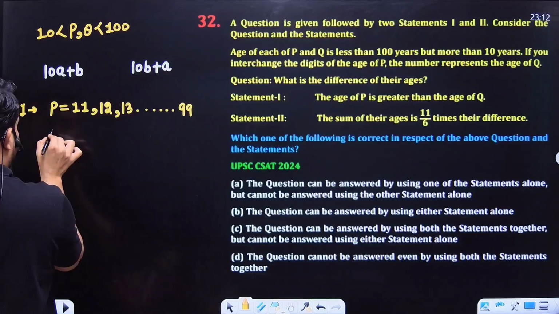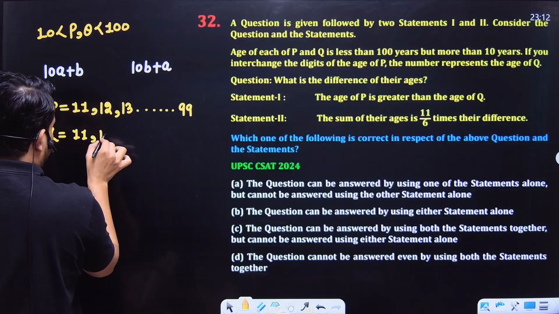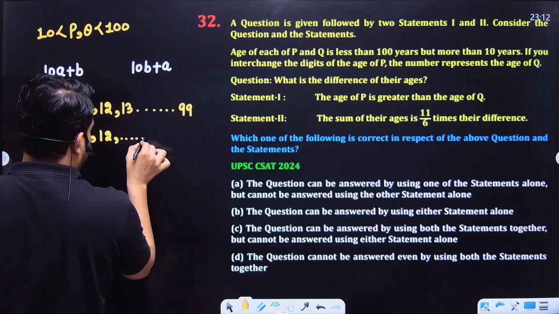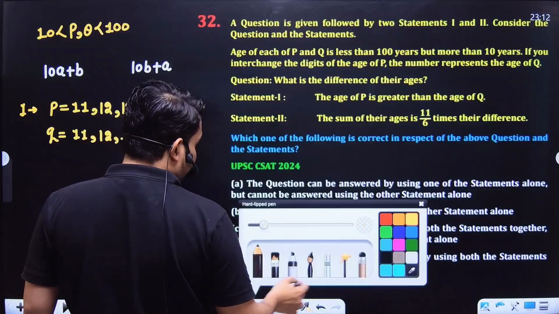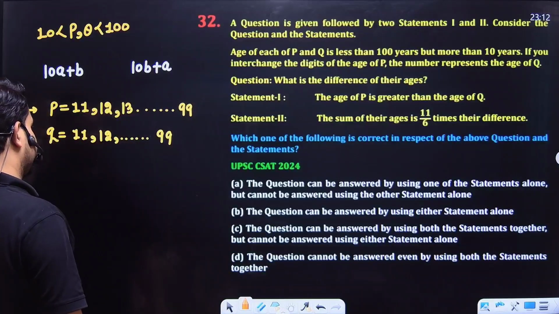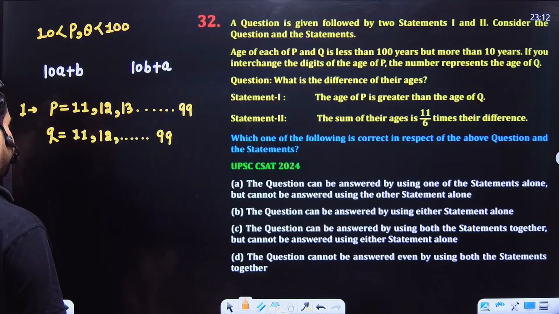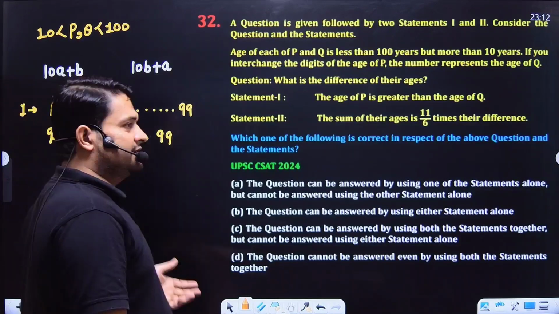What about the age of Q? It can be 11, 12, but we will take only those values in which P is greater than Q.